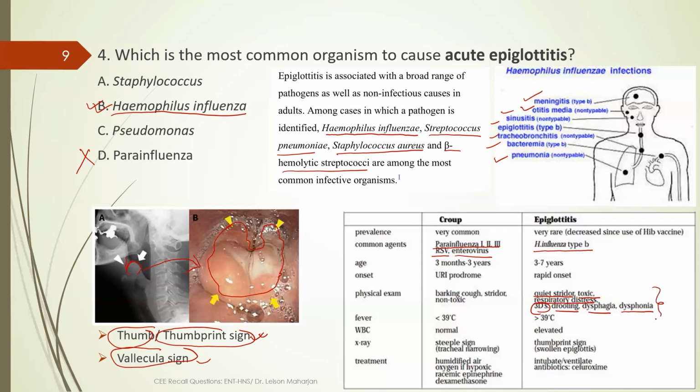Whenever we see this kind of hints in the question, then the answer is usually epiglottitis. And the patients with croup usually have barking cough, stridor, and they are usually non-toxic and usually have fever less than 39 degrees. And as for the signs, the steeple sign is usually seen in croup, whereas the thumbprint sign I have already explained, along with the vallecular sign, is seen in epiglottitis.